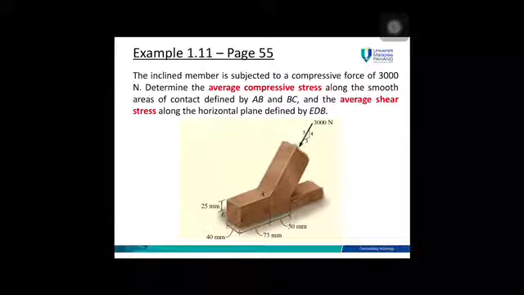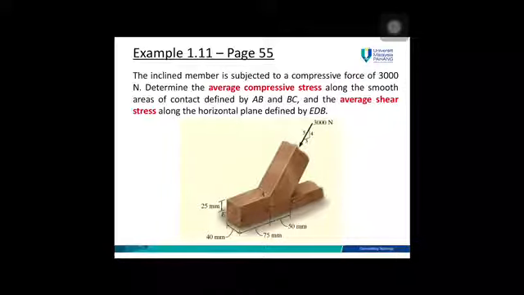Take a look at this example. The inclined member is subjected to a compressive force of 3000 Newton. Determine the average compressive stress along the smooth area contact defined by AB and BC, and the average shear stress along the horizontal plane defined by EDB. For this one, you need to know which one is the contact area that the question asks.